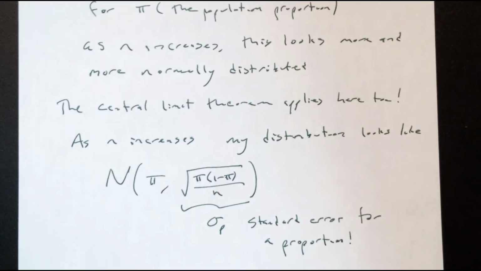And that means as my n value gets bigger, I can actually use this as a normal distribution. If I'm using it as a normal distribution, that means I get to use z-scores instead of t's.